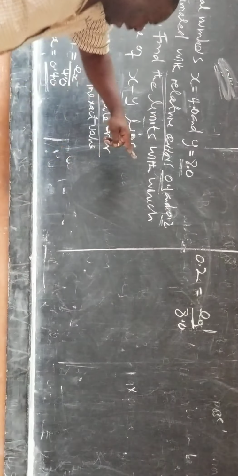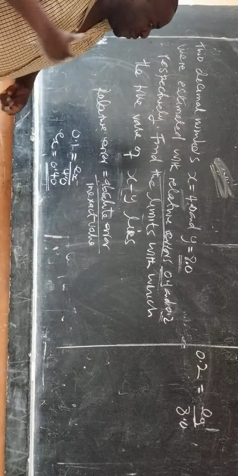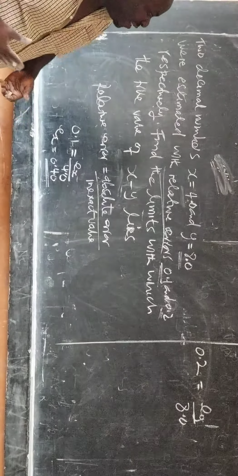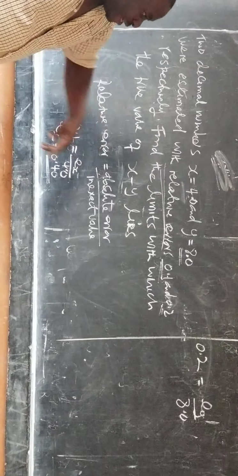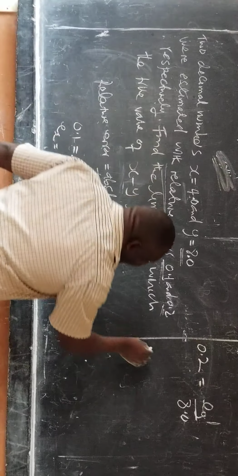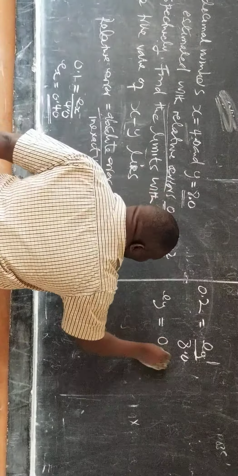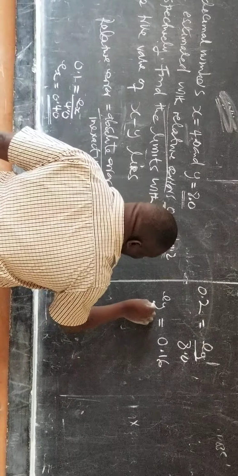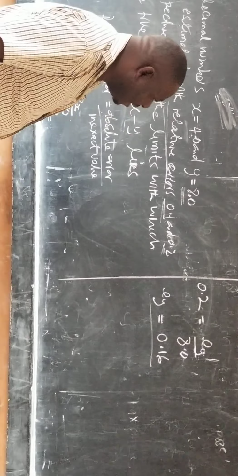In the previous examples, they gave the absolute errors and the percentage errors. Here we are given the relative error, so we use its definition. When we cross multiply, we shall have the error in y equal to 0.16. That is the maximum possible error which was made in y.